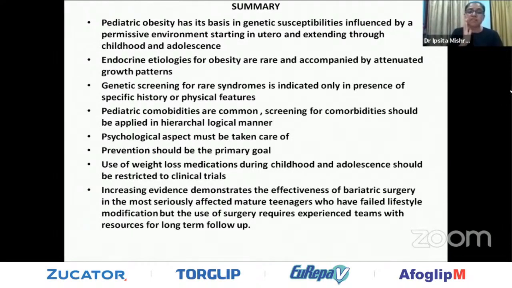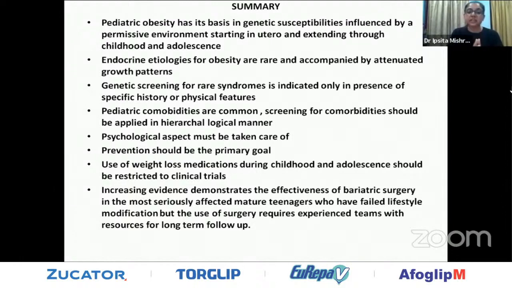Most important is the psychological aspect, which needs to be taken care of, not only of the patient, but also the parents. Prevention should be the primary goal, because however much you try, once overweight and obesity sets in, it's very difficult to revert them back to normalcy.